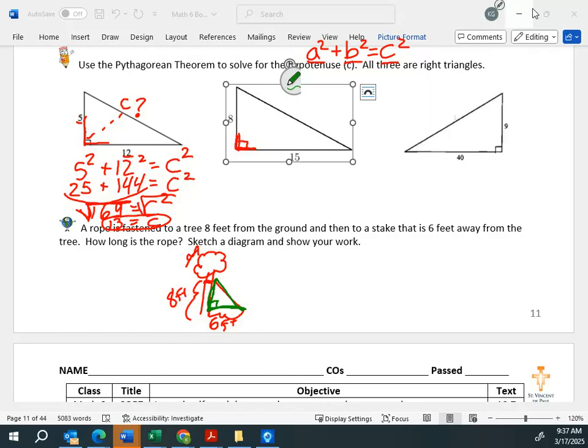So if we want to find the length of our rope, you need to find your missing side, just like we did in those triangles up above. So it's telling us what our picture looks like. We need to see what that triangle looks like, which measurements we know, and solve for the measurement that we don't know. Any questions on this? Helen?